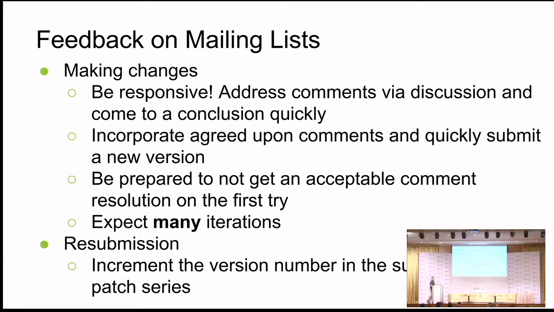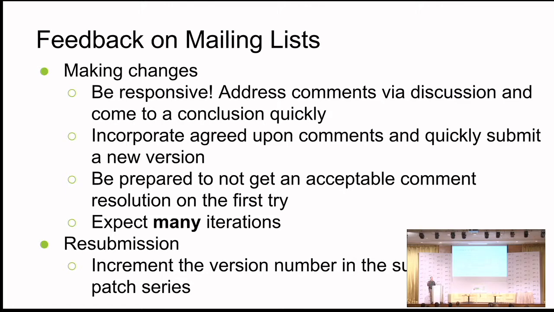Don't expect that V1 is going to be right. V2 may not be right. Somebody else may jump in by the time you get to V4 and have some other comments, right? Expect many iterations. You can't really say that something will take four revisions just because you've sent patches before.